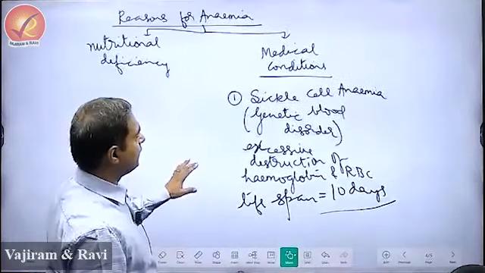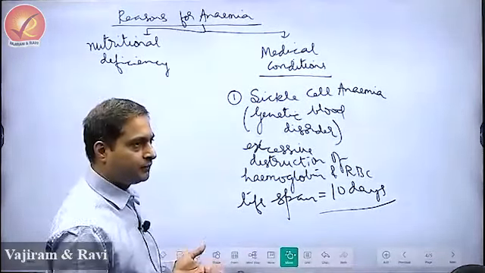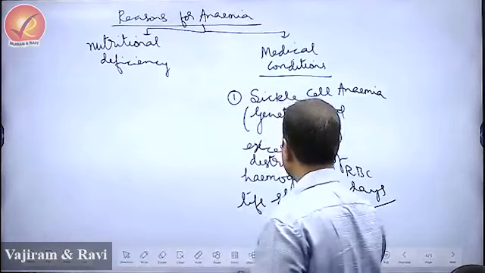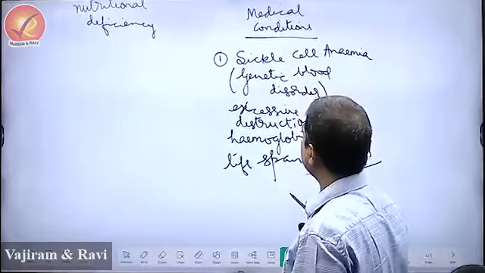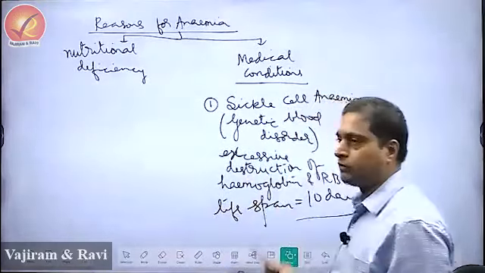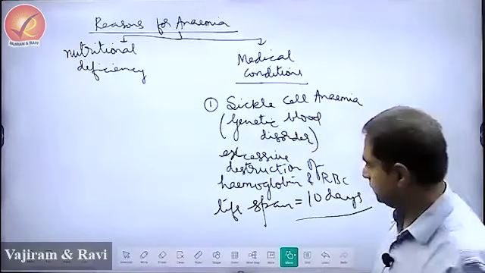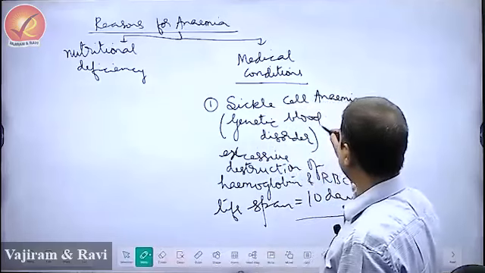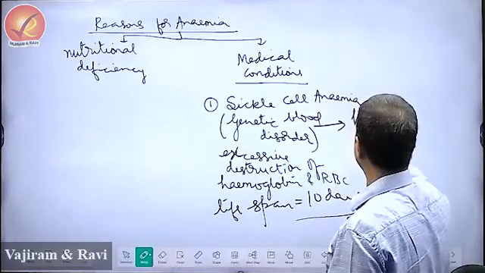So this is an example of what? A medical condition. It's a genetic blood disorder. So basically it is a hemoglobin disorder, isn't it? The genetic blood disorder is related to what?